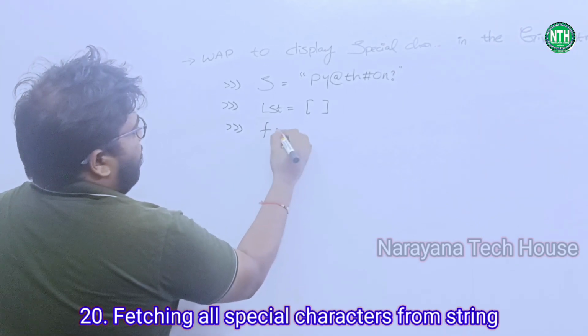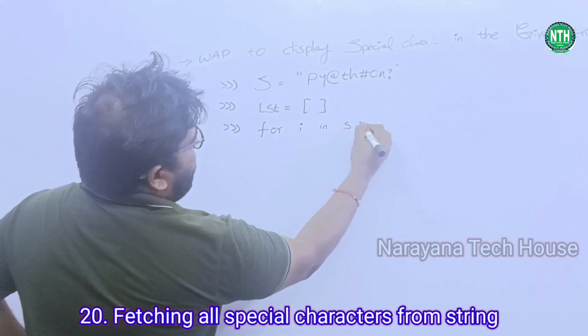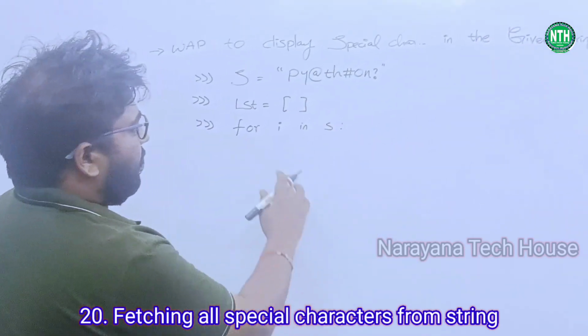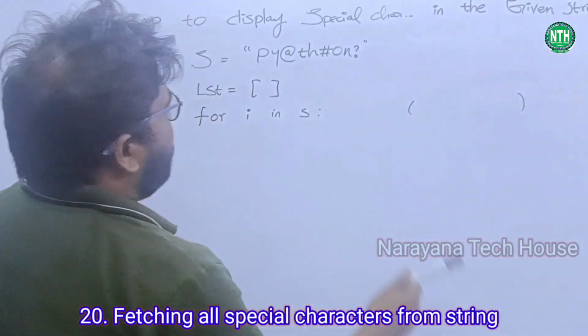We will go for a for loop: for i in s. What this will do is take each and every character of this string.